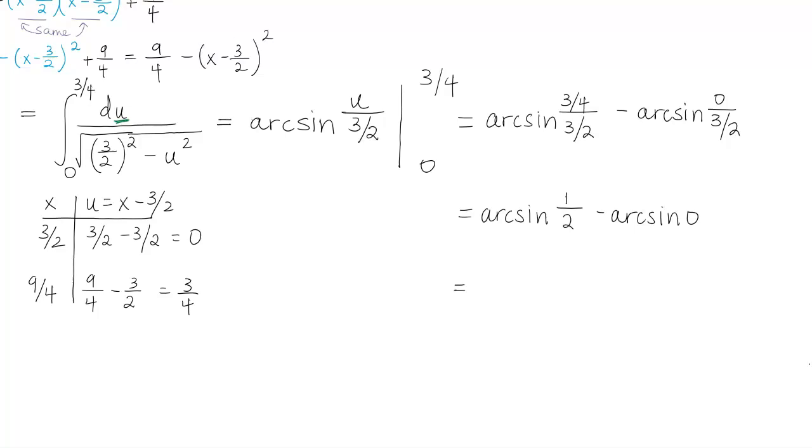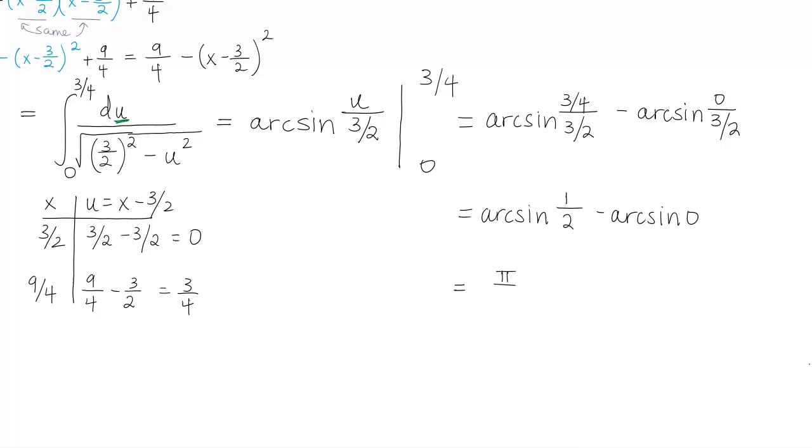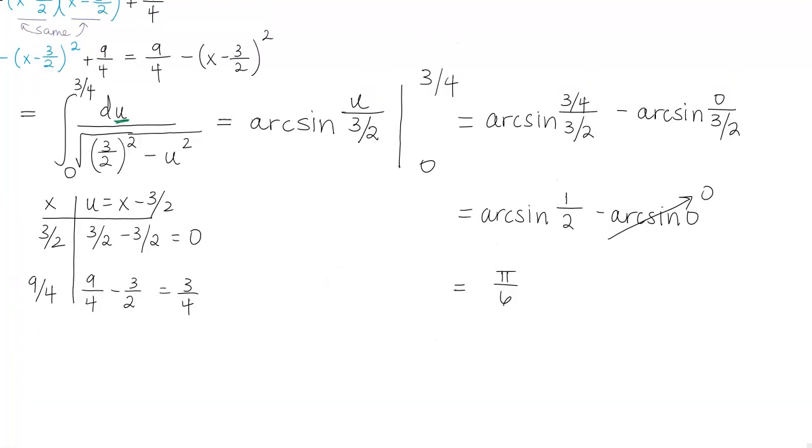Arc sine of 1/2, we're looking for what radian measure on the unit circle that's between negative pi over 2 and pi over 2 has a sine value of 1/2, and that is pi over 6. And the radian measure on the unit circle that has a sine value of 0 that falls between negative pi over 2 and pi over 2 is 0. So arc sine of 0 is just 0, and we are left with our final answer of pi over 6.